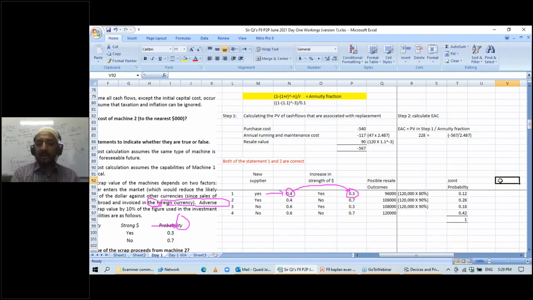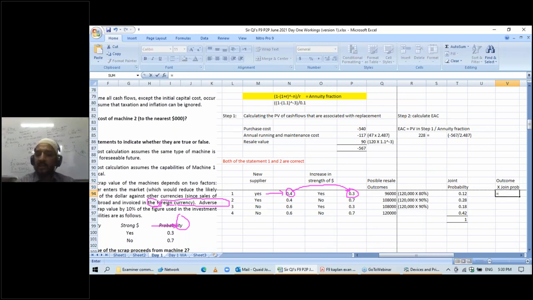Now we will multiply the possible outcome with the joint probability in order to arrive at the expected value, because they are asking for the expected resale value. So multiply this joint probability 0.12 with the possible resale value.